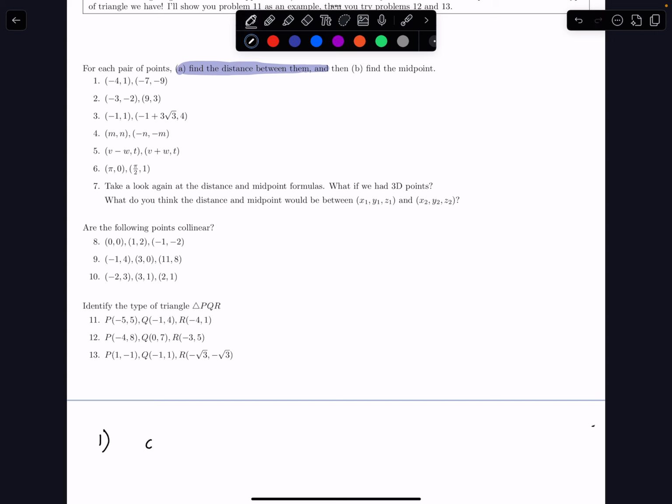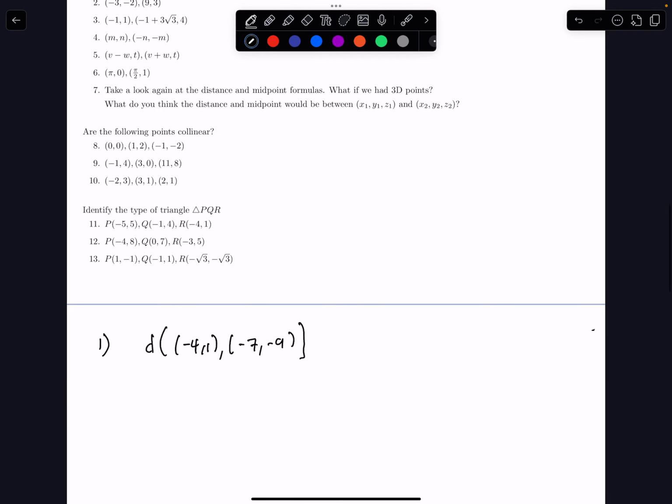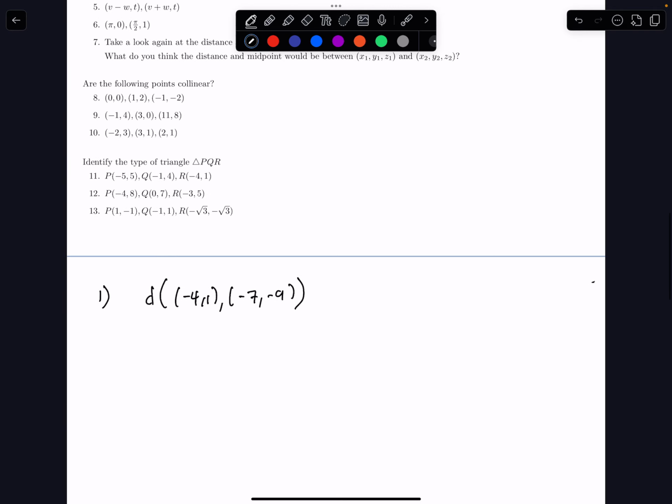So I'm looking for the distance between these 2 points, (-4, 1) and (-7, -9). Oh, sorry, that was ugly parentheses there. Okay, the distance. What's the distance formula tell me? It tells me, okay, then I should take, this is how you should work too, by the way, right? You plug it in. The distance between those 2 points is going to be the square root of x1, which is -4, minus x2, which is -7, so minus the -7, right?